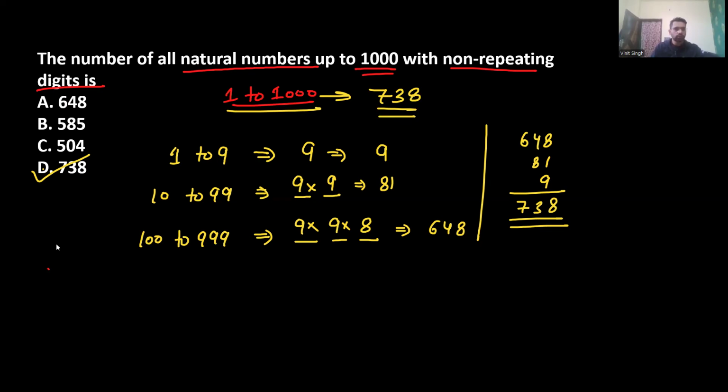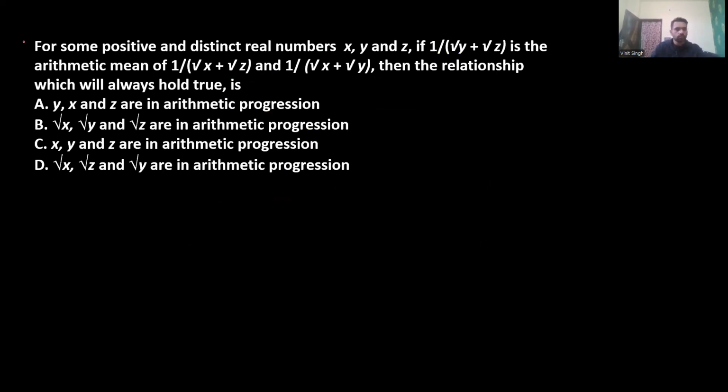Next question. For some positive and distinct real numbers x, y, z, if 1 upon root y plus root z is the arithmetic mean of 1 upon root x plus root z and 1 upon root x plus root y.